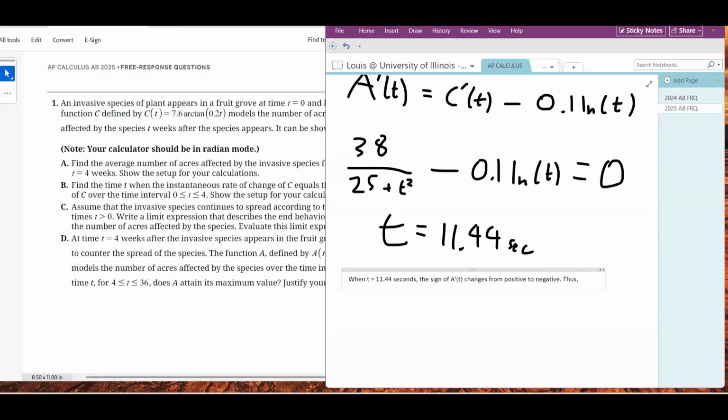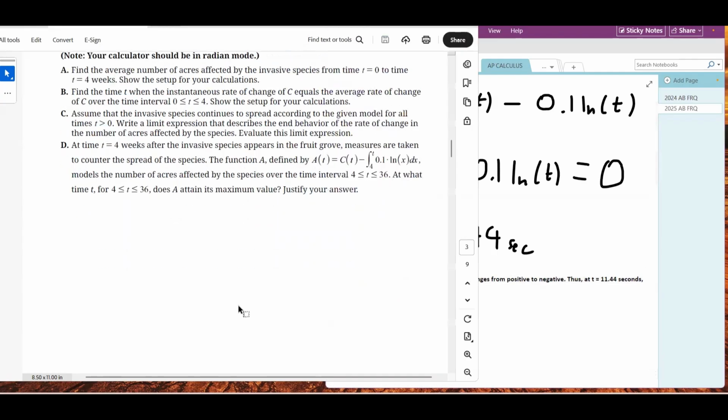Thus, at t equals 11.44, a attains its maximum value. Okay. All right. Moving on.